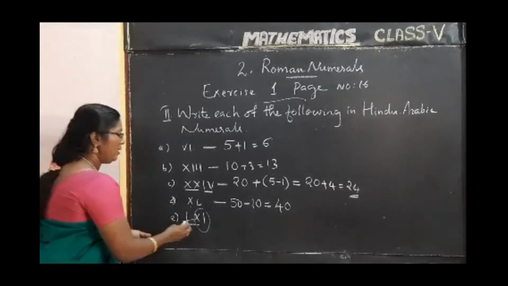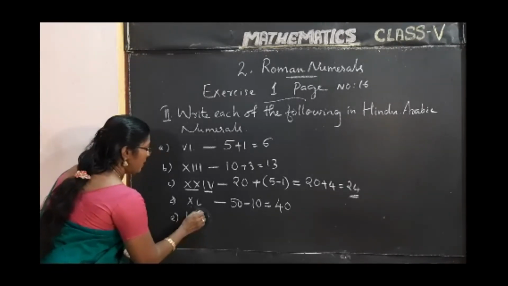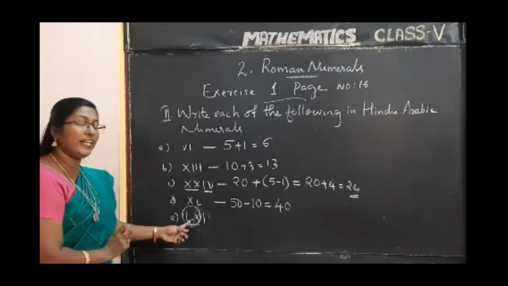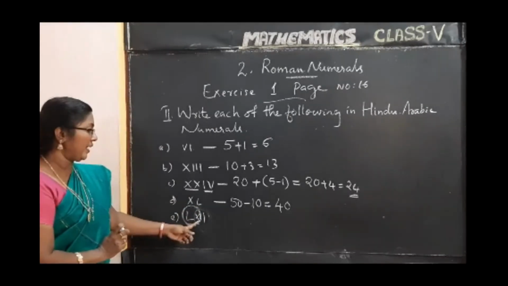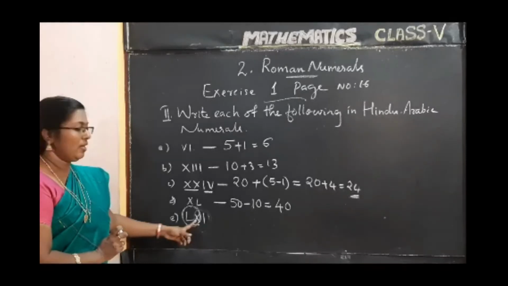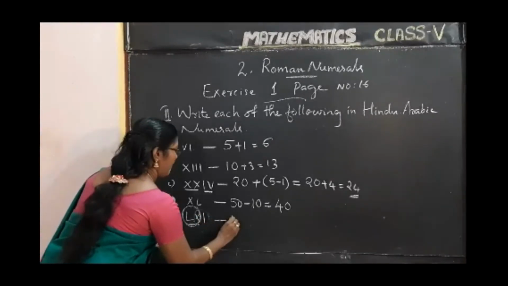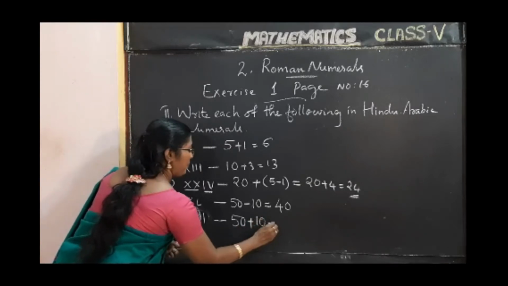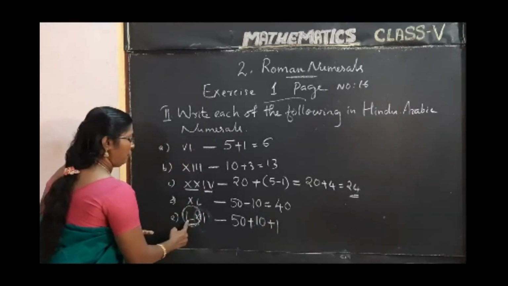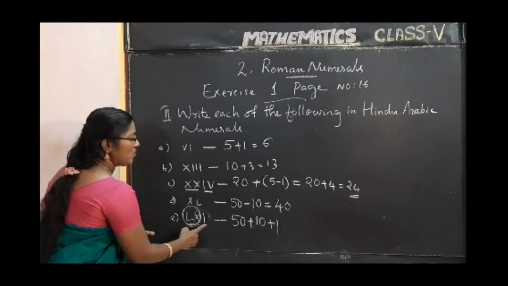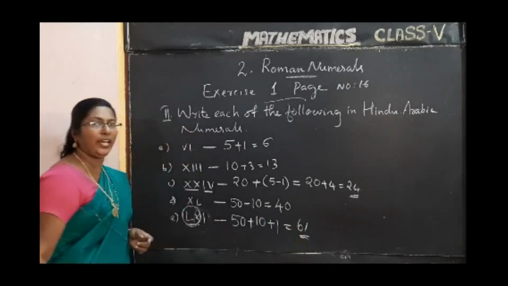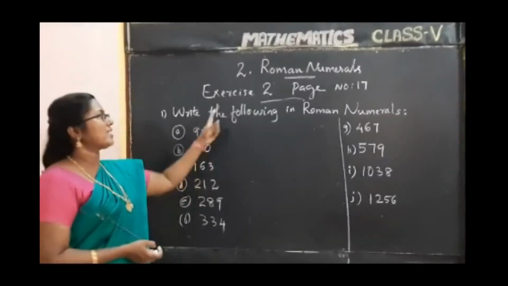So here take only, here L is a greater number and X is smaller. Okay, so addition, 50 plus 10 plus 1. 50 plus 10 plus 1 equals 61. Okay, let us continue the second exercise.